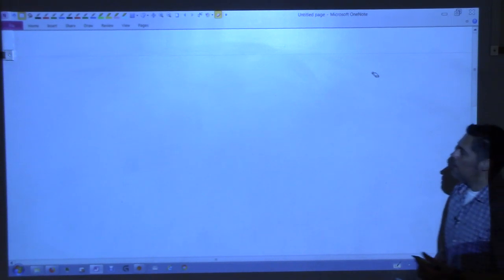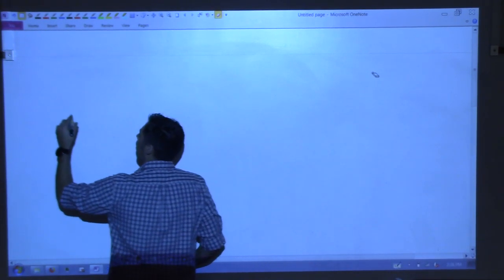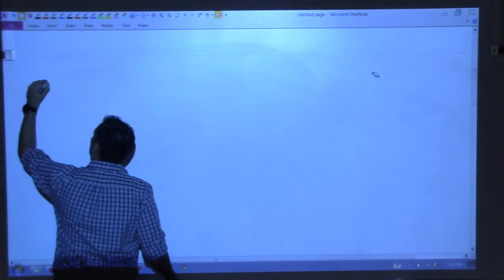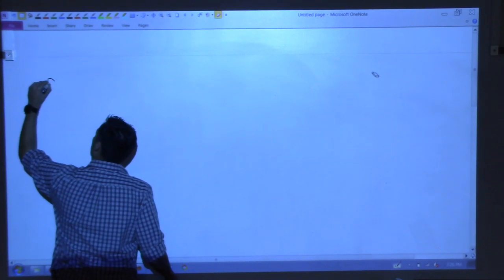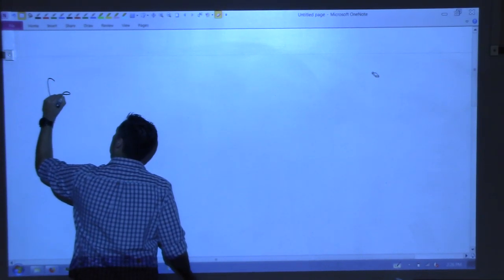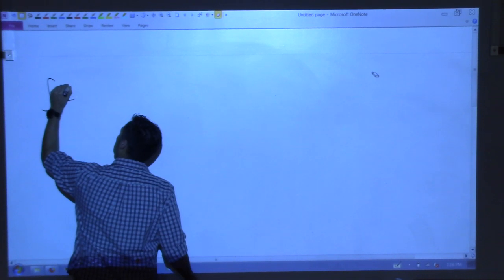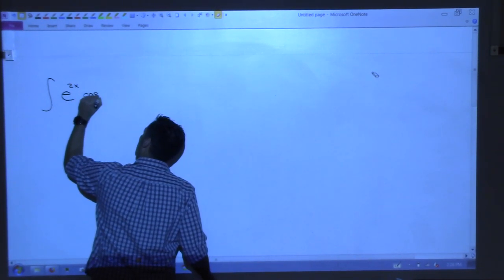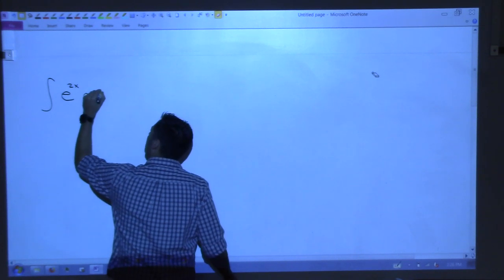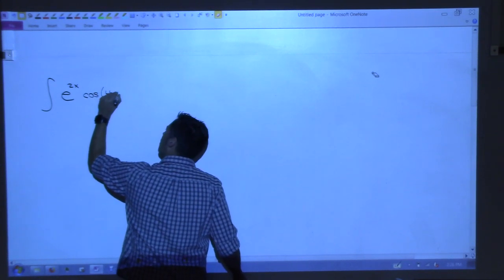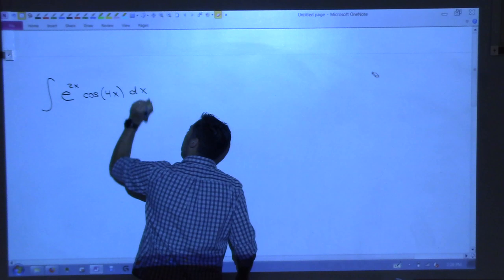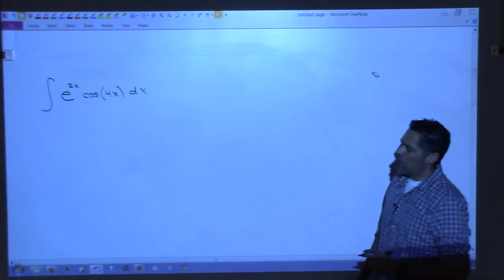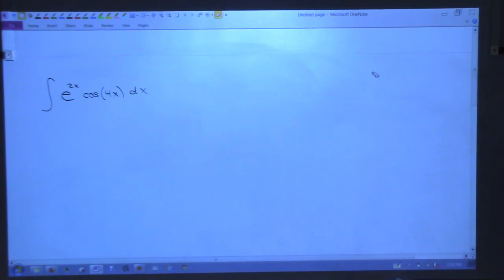How about this? I'd like for us to integrate e to the 2x times cosine of 4x dx. Now, could we do this using what we've learned in this class?